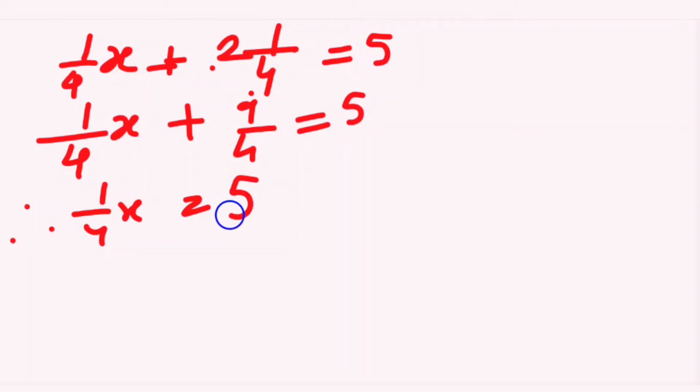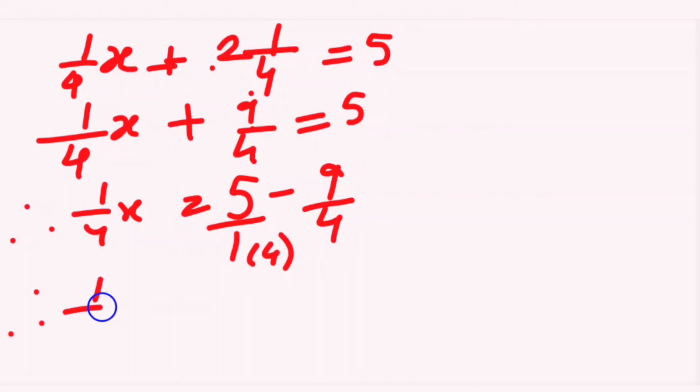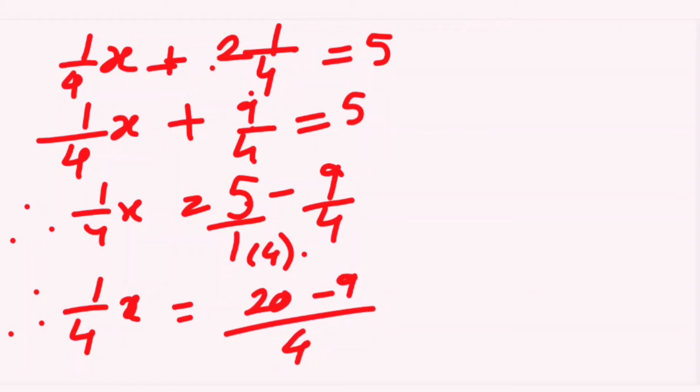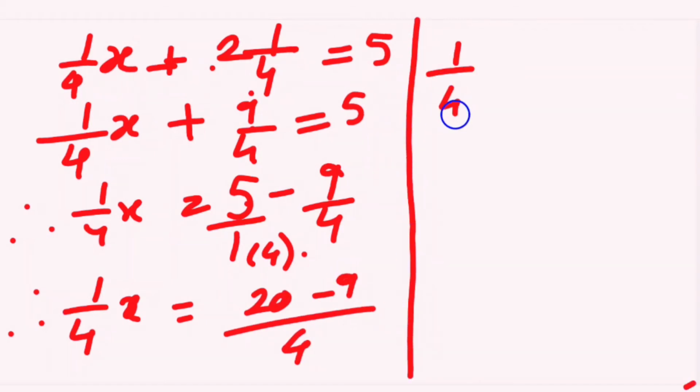So here 9 by 4 is having plus sign, it will become minus here, and here denominator is 1. So we find out the LCM of it. The LCM is 4. So 5 into 4 is 20 minus 9 by 4. 1 by 4x is equal to 20 minus 9 is 11 by 4.